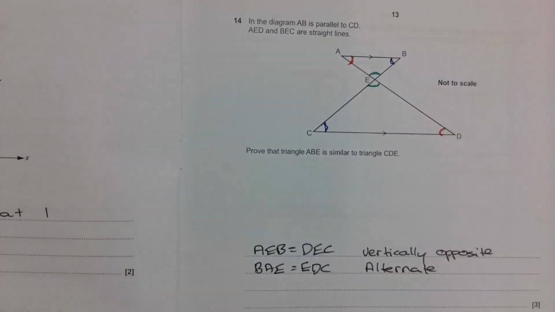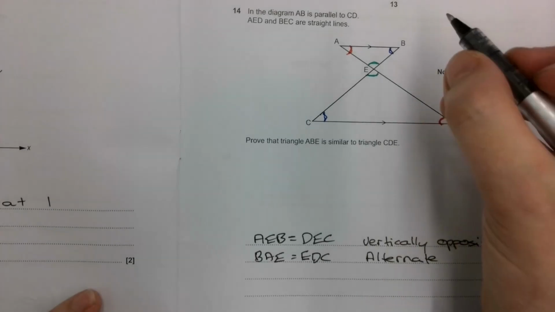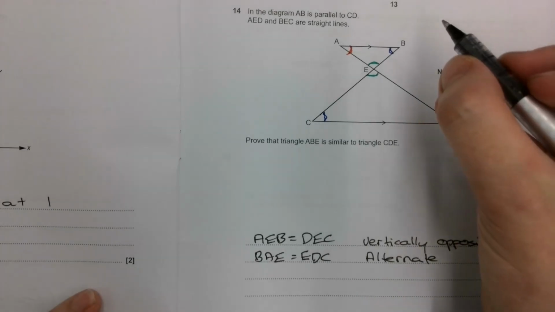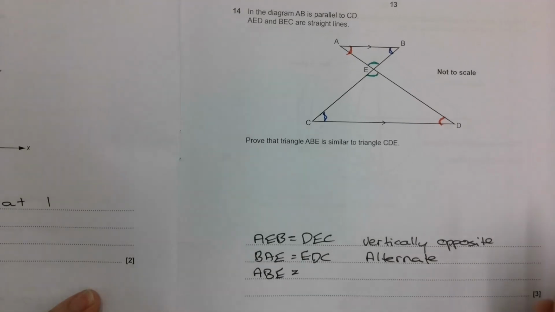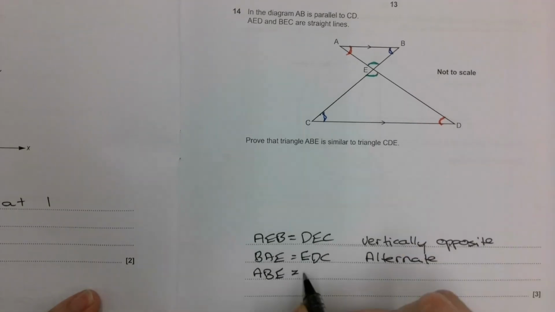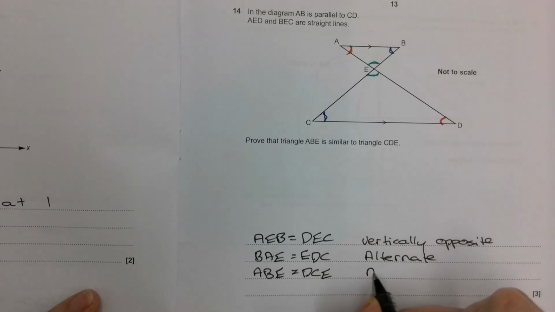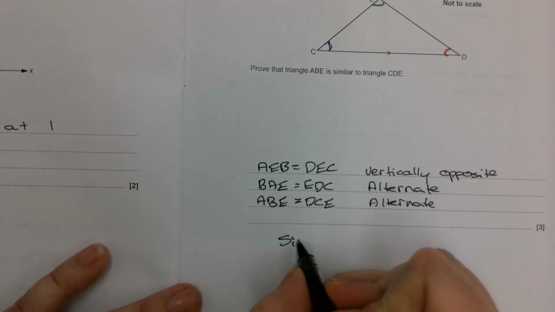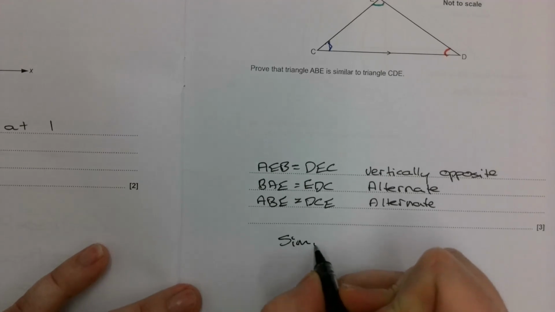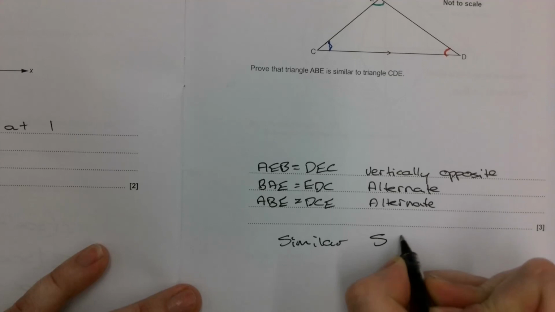We could use angles in a triangle, or we could observe that they are both alternate again. So we've got ABE is equal to DCE, they are alternate. And these two triangles are similar. Side, side, side. No, angle, angle, angle.